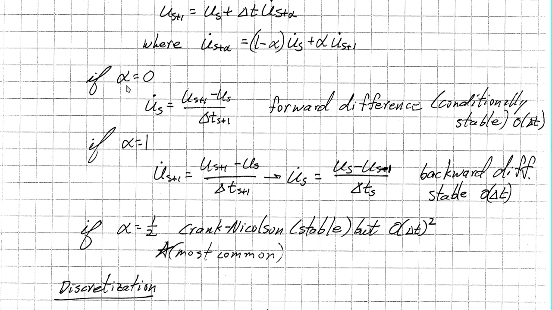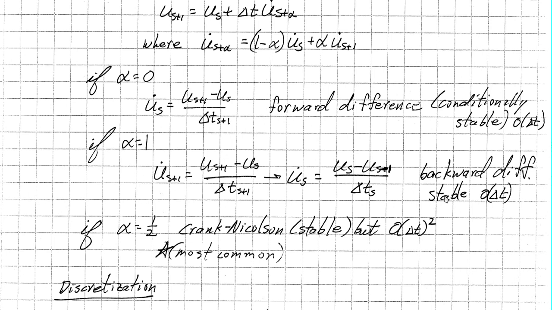One option is let alpha be 0. This is sometimes used, it's called forward difference. It's conditionally stable, and it has order delta t accuracy. I mean conditionally stable, if you make this too large, as you step forward in time, this will go unstable if this is too large. If alpha equals 1, it's called backward difference.